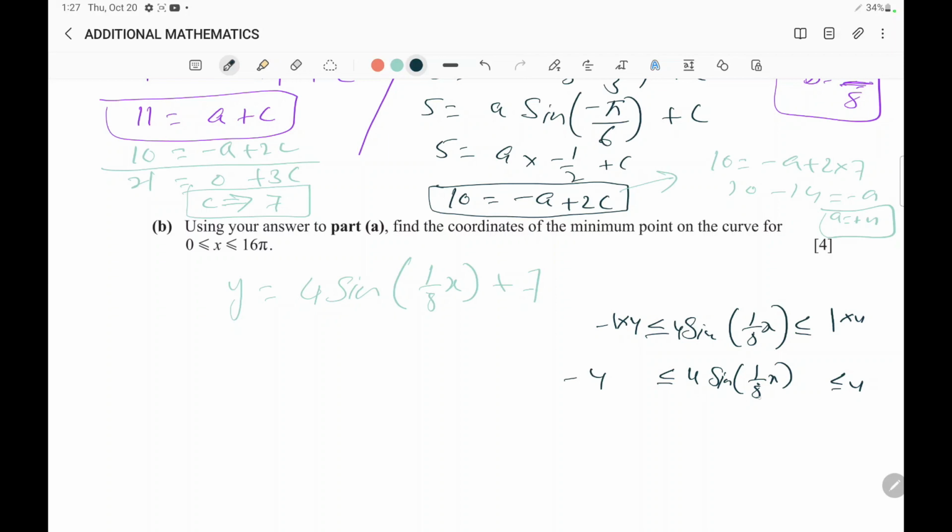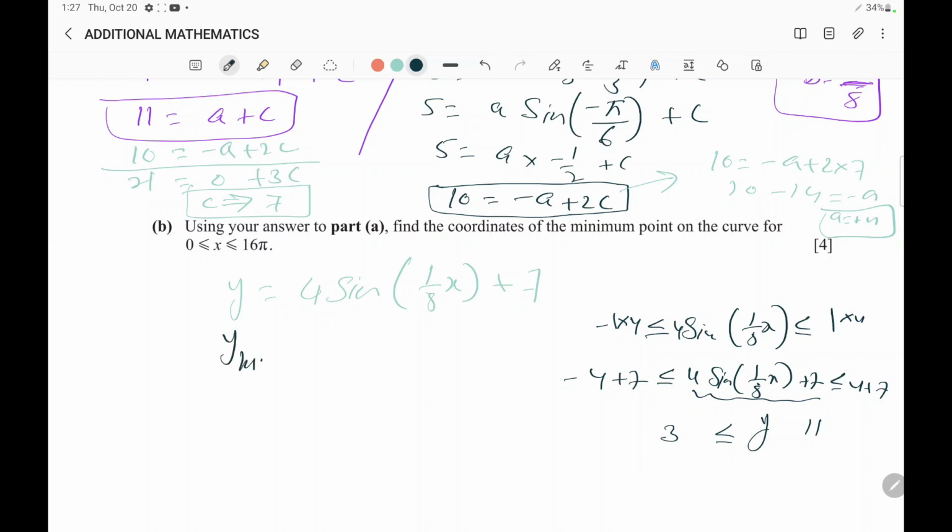But our question is not 4 sine of 1 over 8x. We have to add 7 as well. So add 7 to each. This is our y, and this is our 3, and this is our 11. So this is our range, right? So we will have minimum value of y is 3.